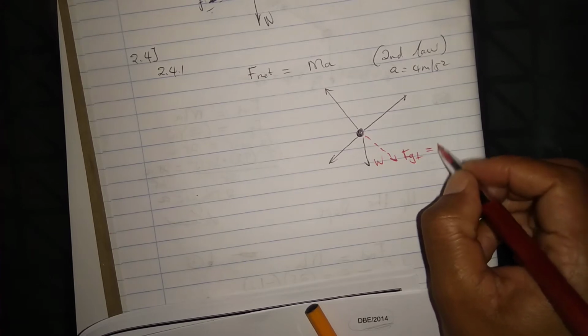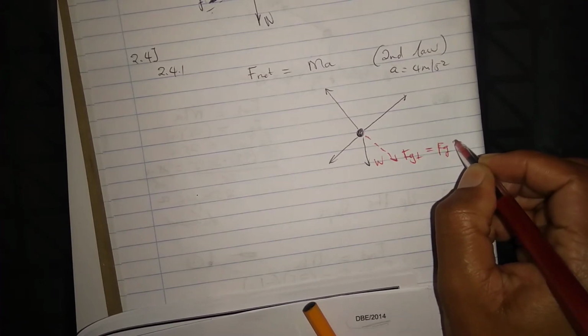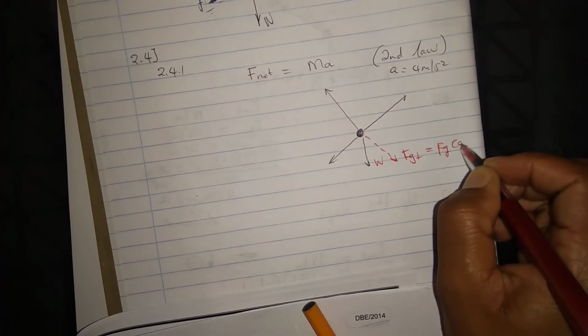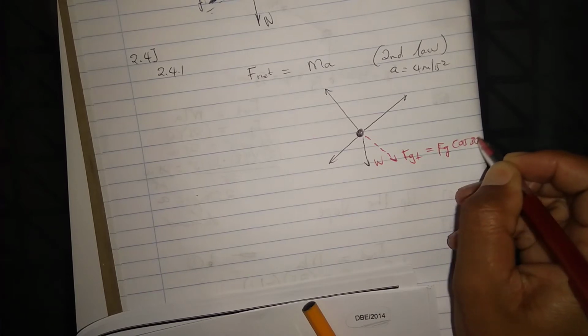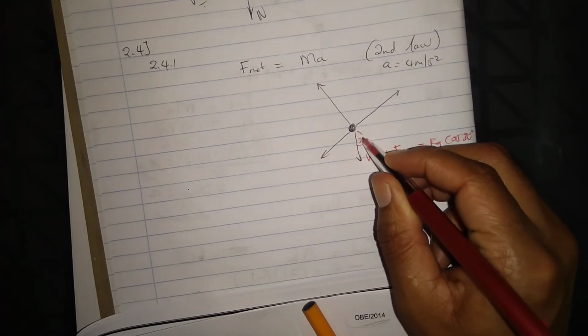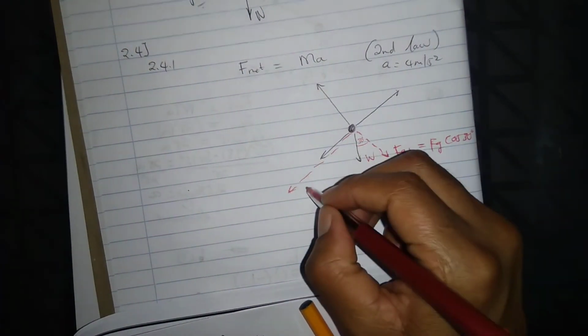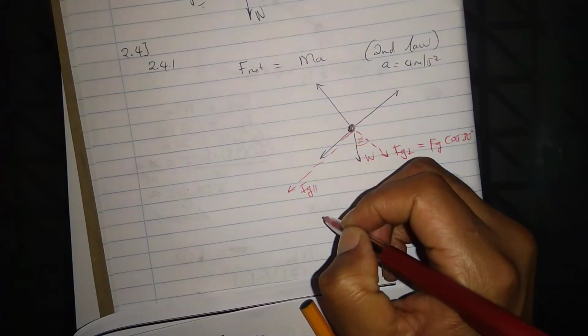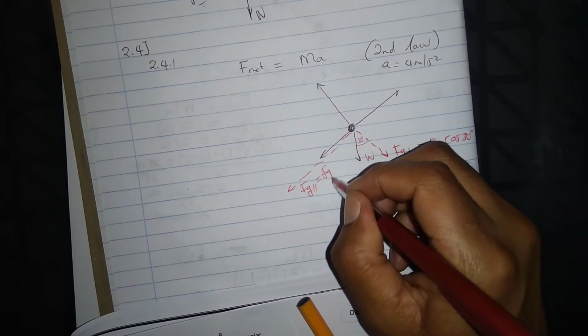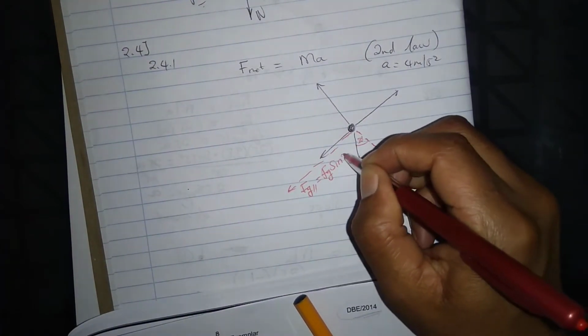FG perpendicular is equal to FG cos 30 degrees. There's an angle of 30 degrees here, and FG parallel is equal to FG times sine 30 degrees, right?